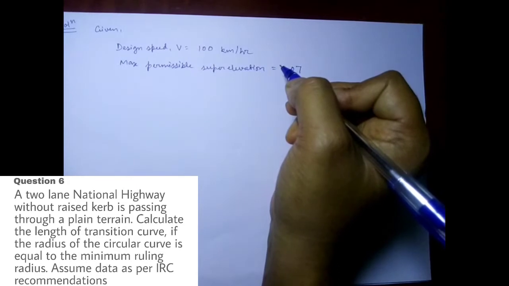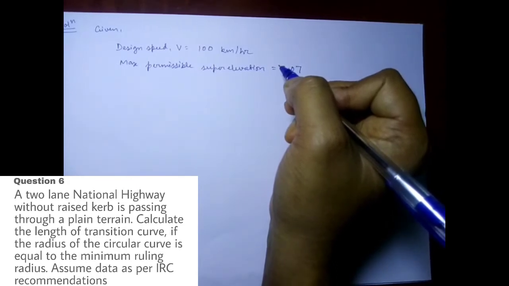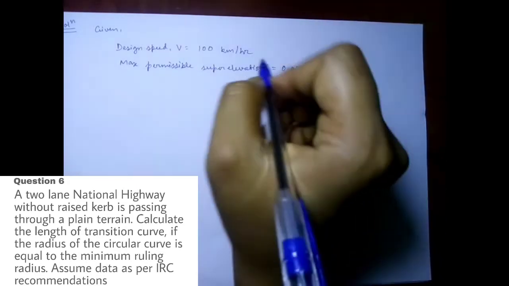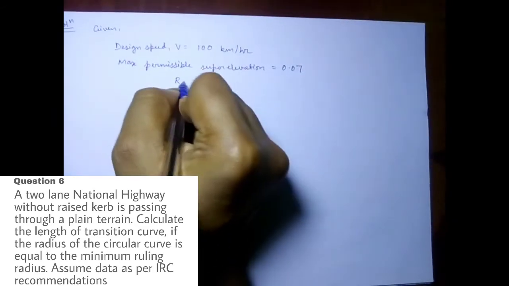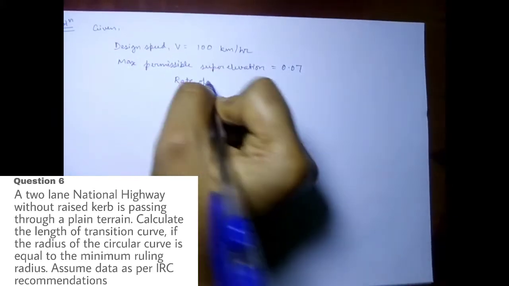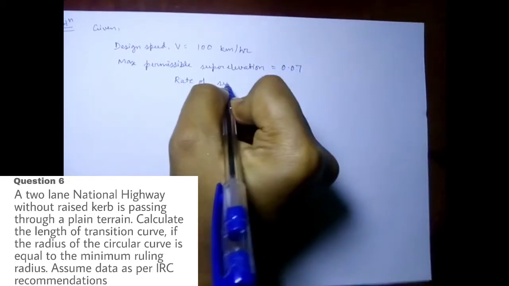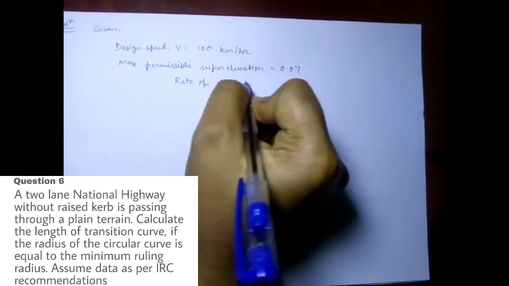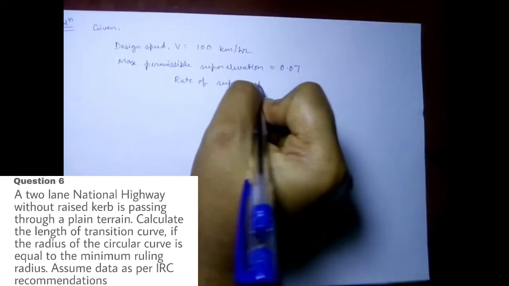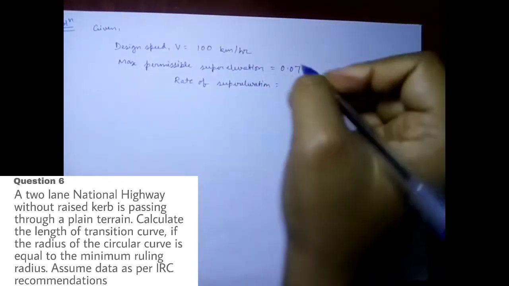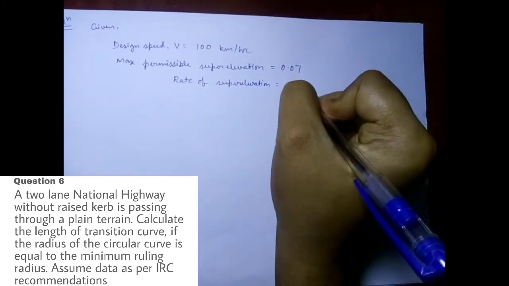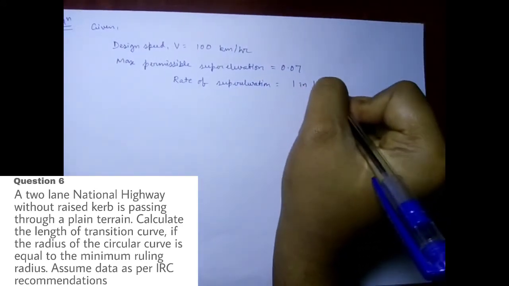So 0.07 is for plain and rolling terrain, and rate of super elevation for such terrain is 1 in 150.